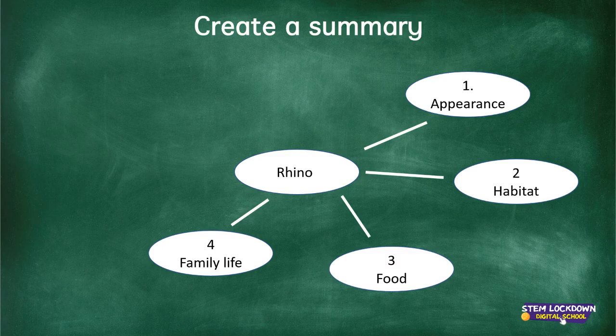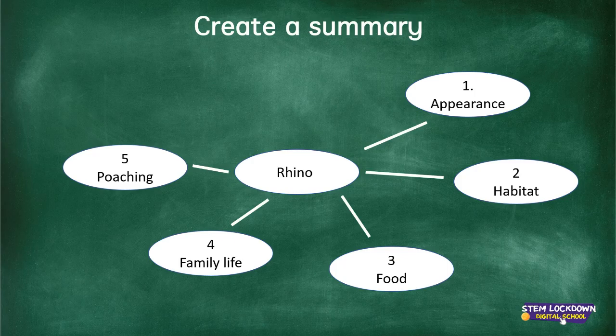Number 4, family life. What do you know about the family life of a rhino? How many babies? How long in the womb? Can you remember all the details about family life? Good. Number 5, poaching. What can you remember about poaching?